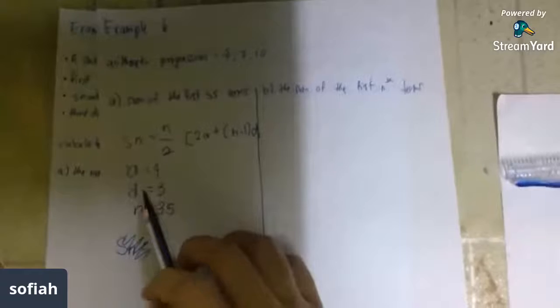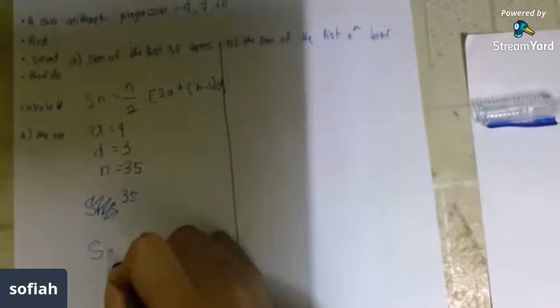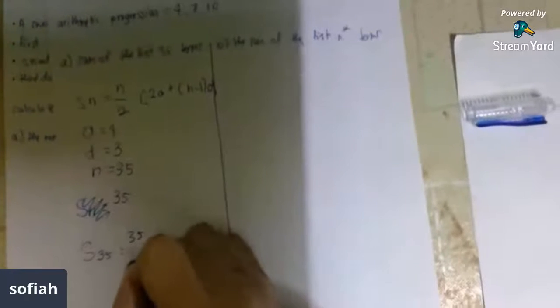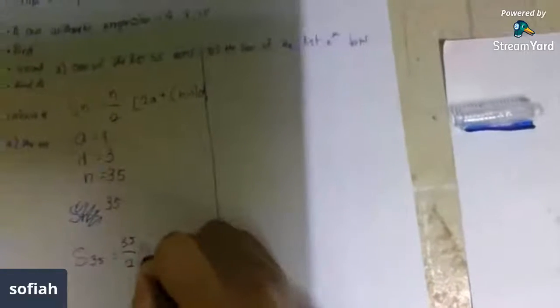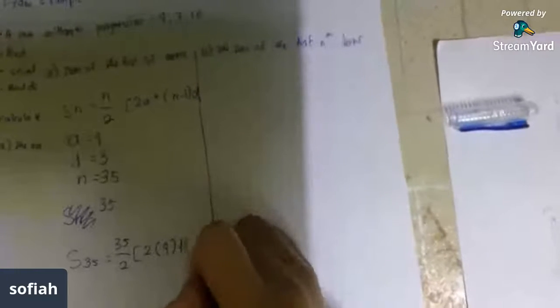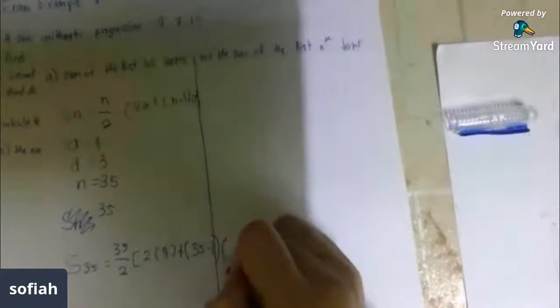Then we just substitute all these values into the formula. So here S35 equals 35 over 2, and D is 3.